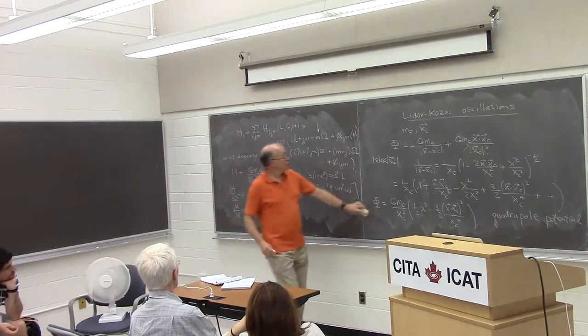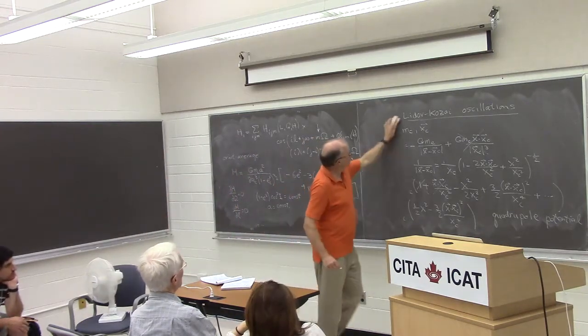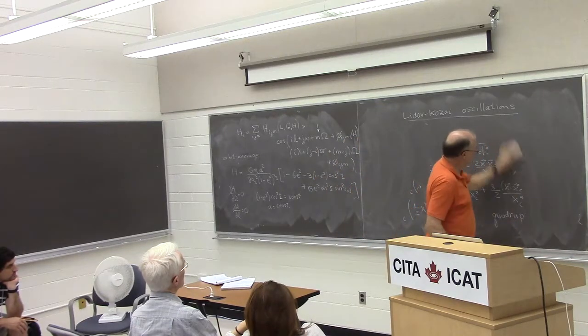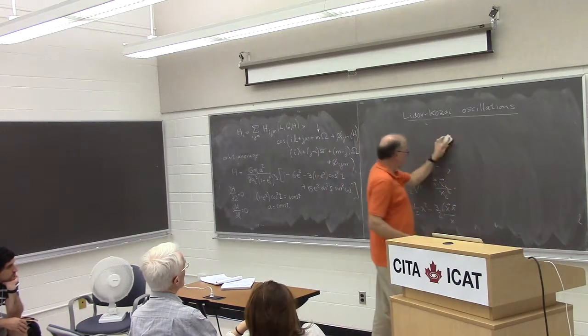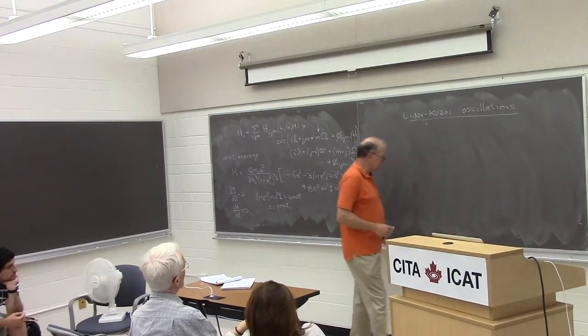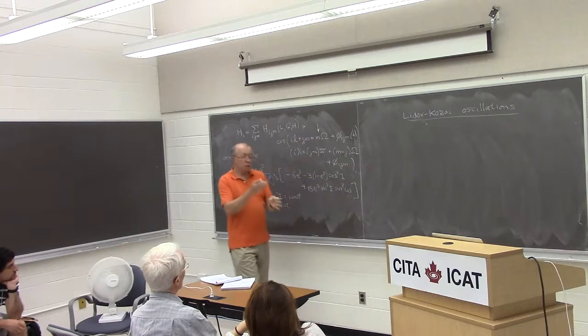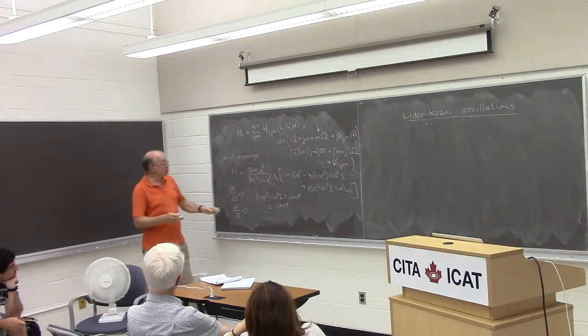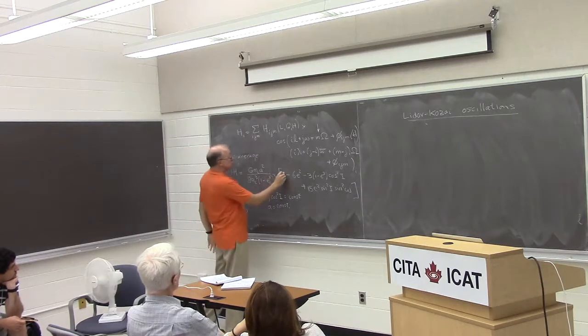And the way to see what's going to happen is, let's imagine that we have a star, we have a planet orbiting it on a circular orbit. We want to know how the orbit is affected by this external potential.